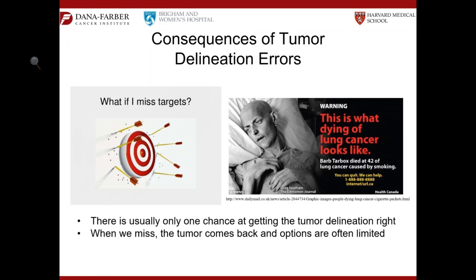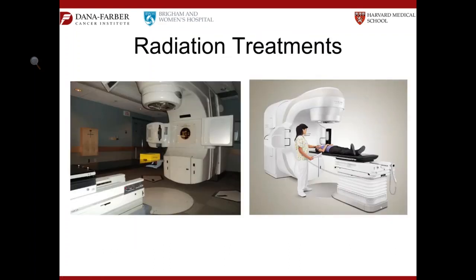So if we miss, the cancer comes back, and options are often limited at that point, and the patient dies, unfortunately, quite frequently from the lung cancer, as you saw from the statistics I showed you earlier. And this is a picture of what it looks like to die from lung cancer from our friends at Health Canada. So that gives you a sense of why we need to get this right.